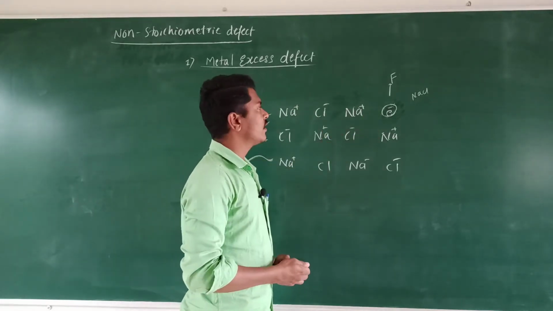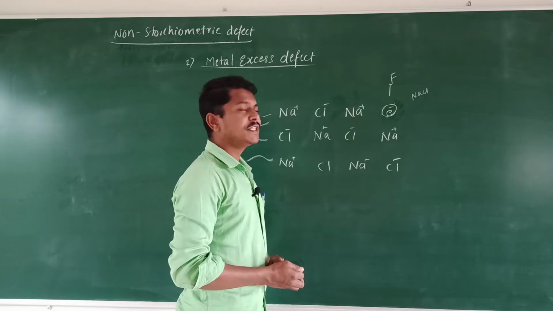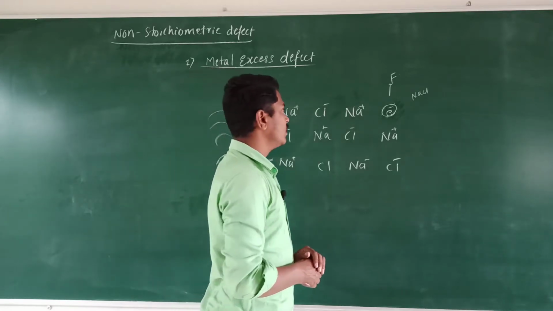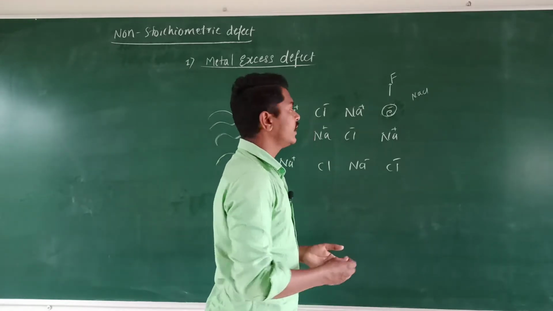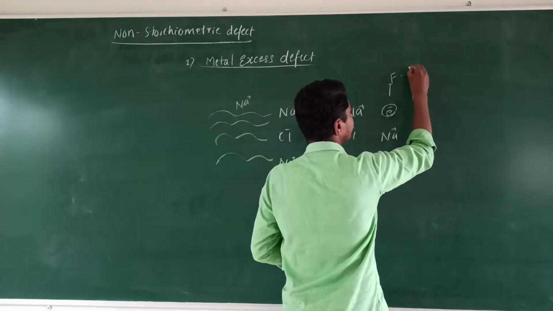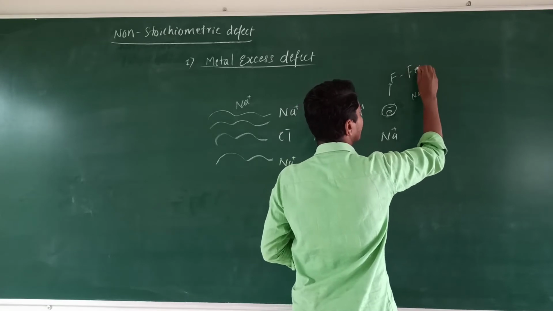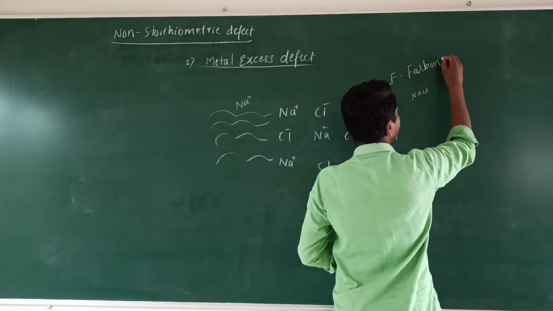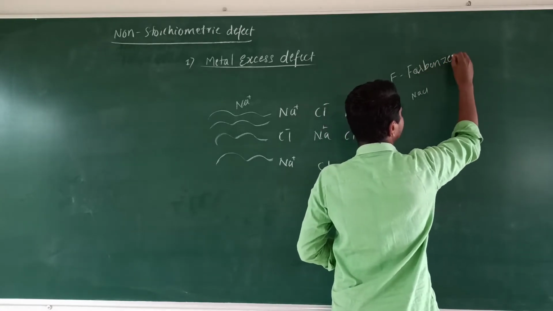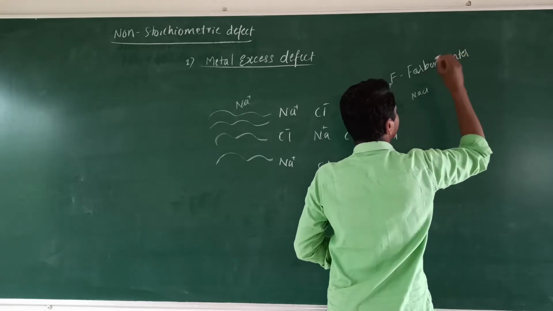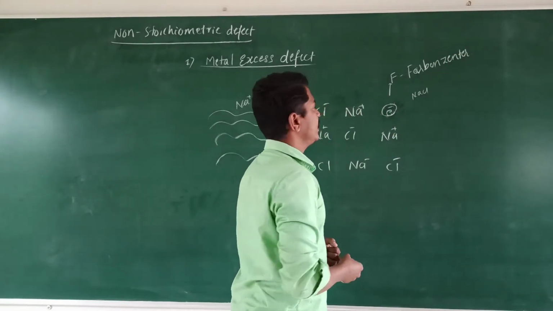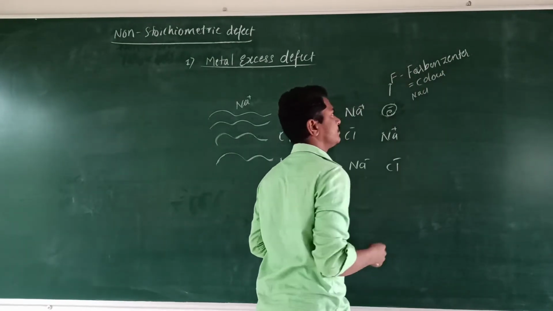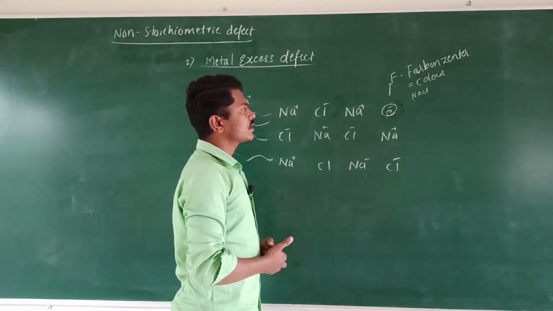That site is called the F center. What does F stand for? It comes from the German word Farbenzentrum, where Farbe means color.